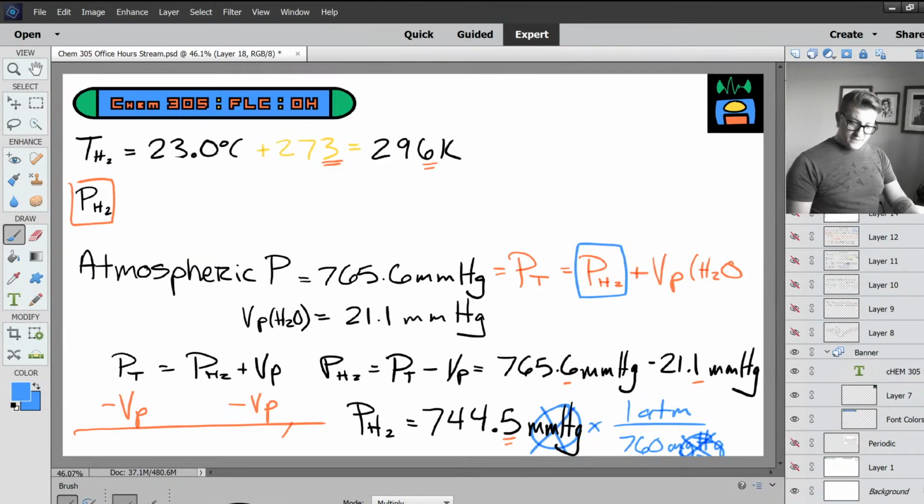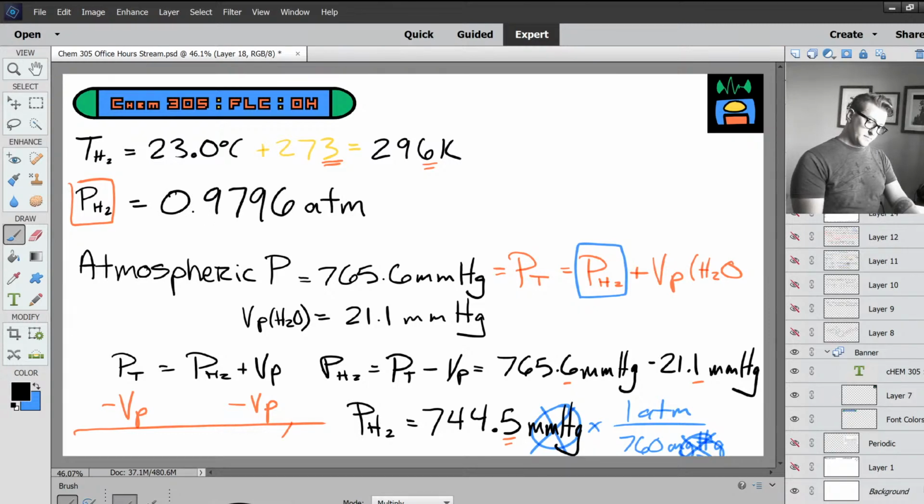So after the unit conversion and keeping all 4 sig figs, our partial pressure of hydrogen gas is 0.9796 atmospheres. So now you'll notice we have our temperature, we have our pressure. We can now solve for the molar volume.